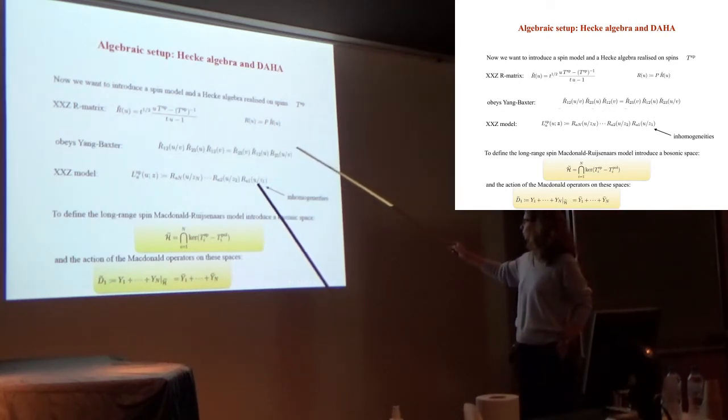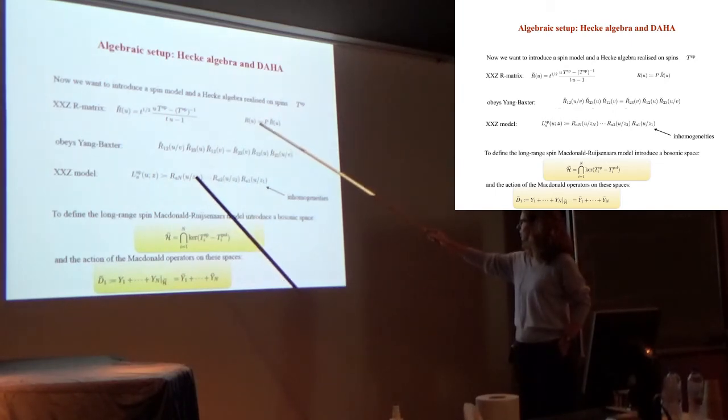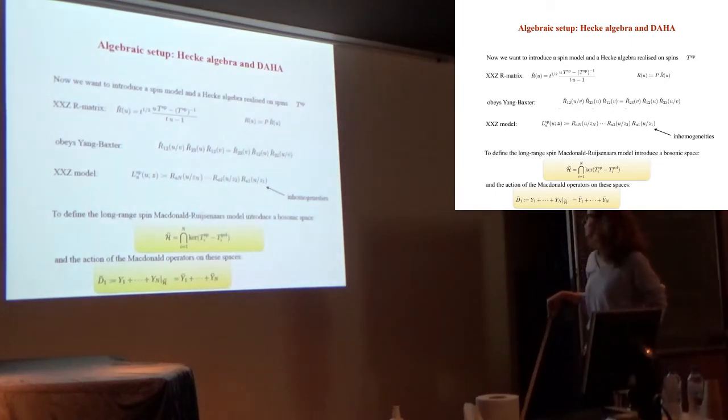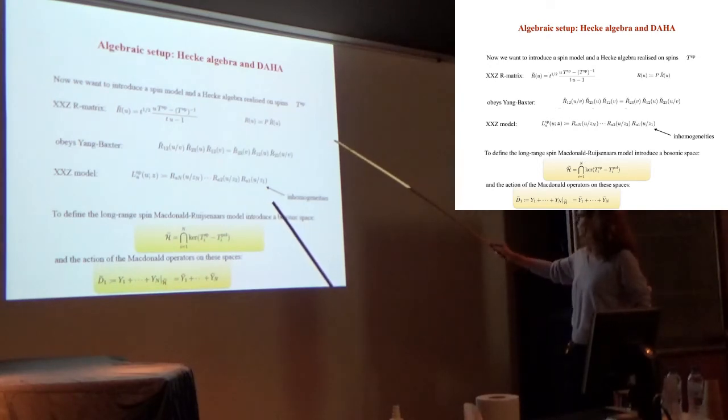And of course, one can introduce these inhomogeneities in the multiplicative manner. So that's the usual structure of XXZ.